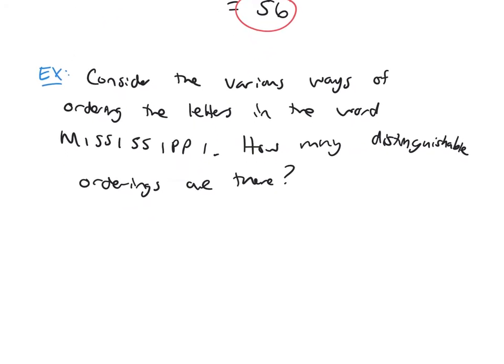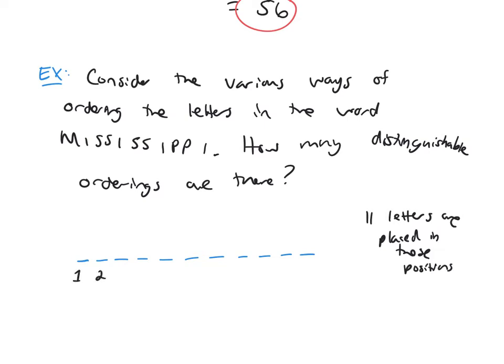And so how many letters are there in the word Mississippi? There are 11. So think about it with 11 positions, and then the 11 letters are placed in these positions. So there's a first position, second, third.